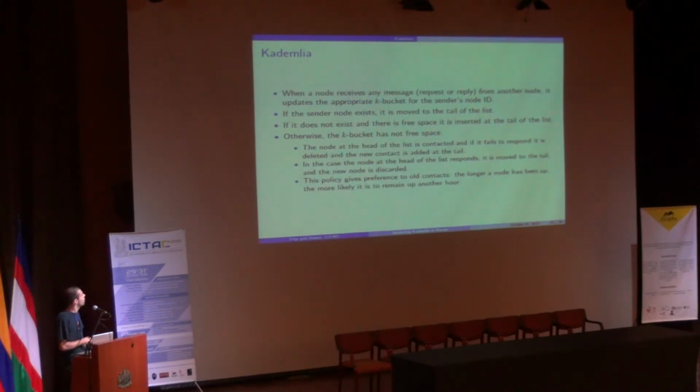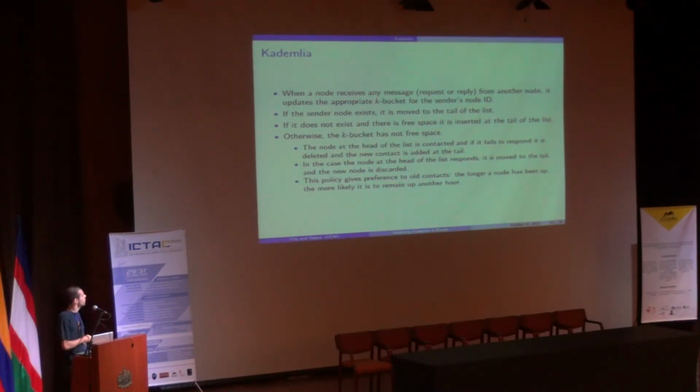When a node receives any message, it updates the bucket. If the peer was already known, it is put at the end of the list, as the most recently seen. If it was not known, then if we have free space, it is also put at the end of the bucket.